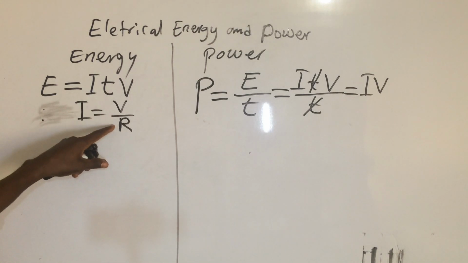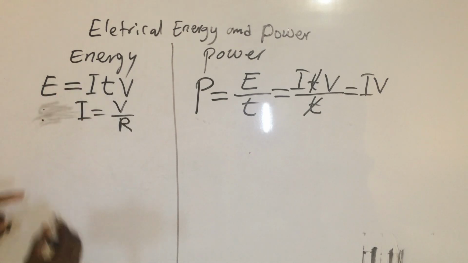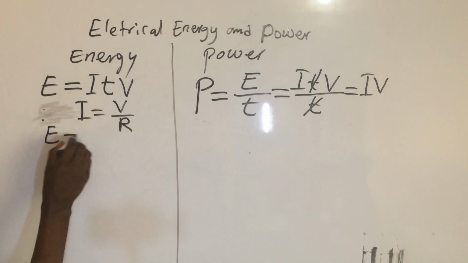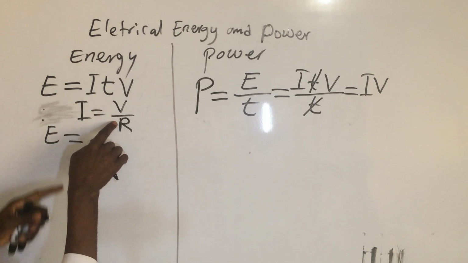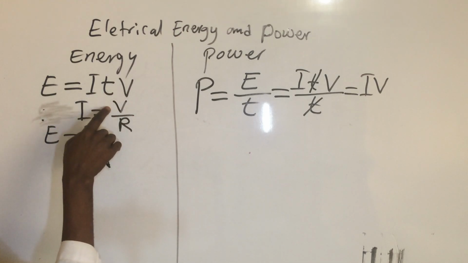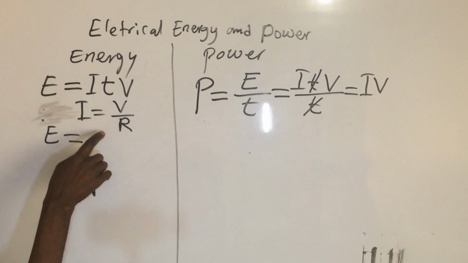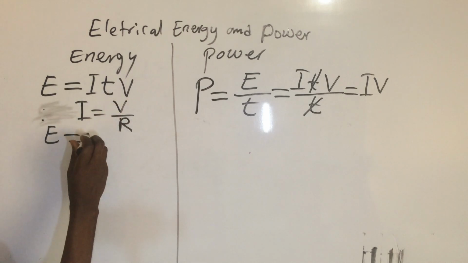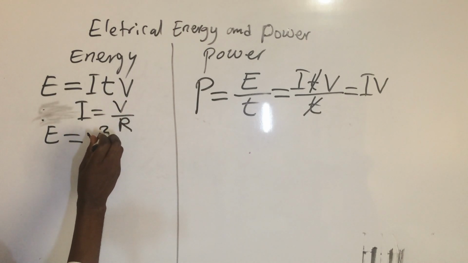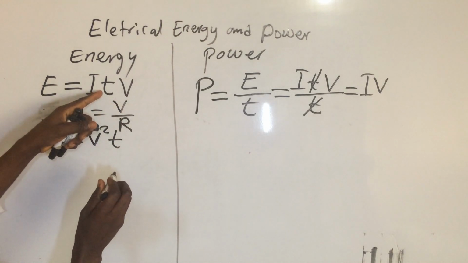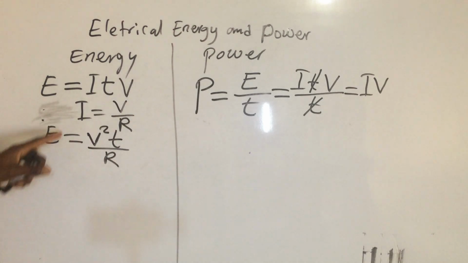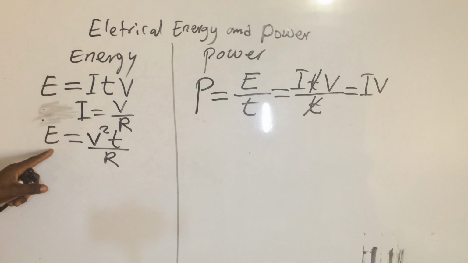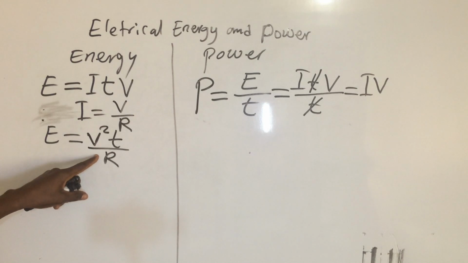Then we can replace it in this place. We now have electrical energy equals, we take away current and put this one. When we put this one, we now have two V's because another V is here. It will now be V times V, which is V squared, then times the time that is already there, all over R. So we no longer have I there. So you can also calculate electrical energy with this formula.